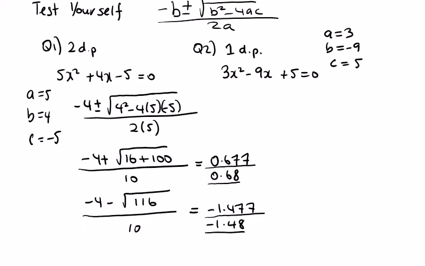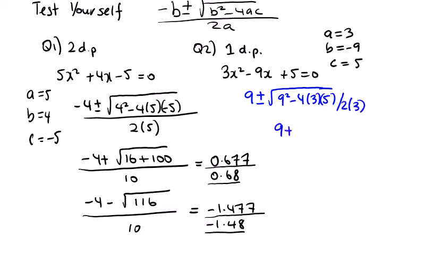So we have minus minus 9, so 9 plus or minus the square root of b squared. I'll put in that 9 squared. If you put a minus here and don't put a bracket and put it into your calculator, it'll come out as minus 81. So b squared minus 4 by 3 by 5, all divided by 2 times 3.